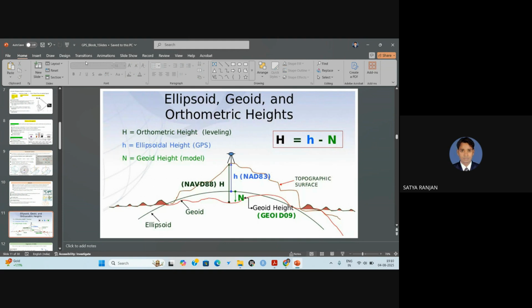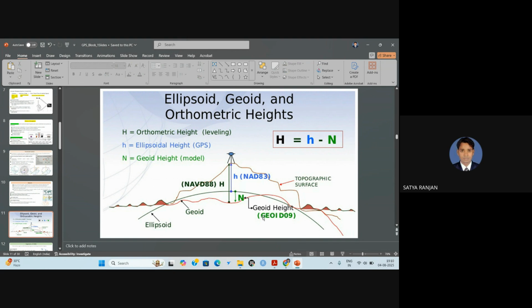Then there is some height information: the ellipsoid, geoid, and orthometric height. So generally we can calculate the orthometric height. The orthometric height H is equal to the ellipsoid height minus the geoid height. Geoid height is generally based on the equipotential surface of the Earth.